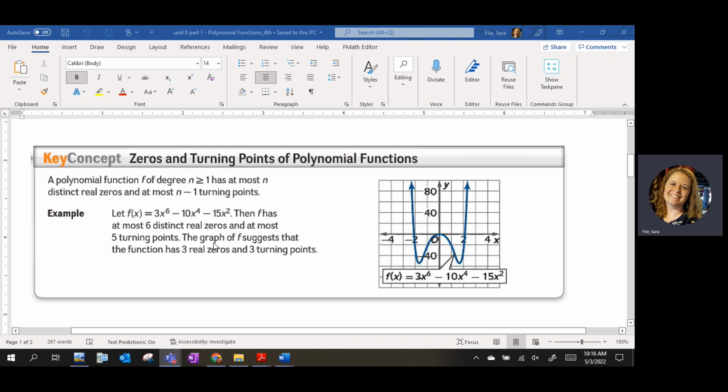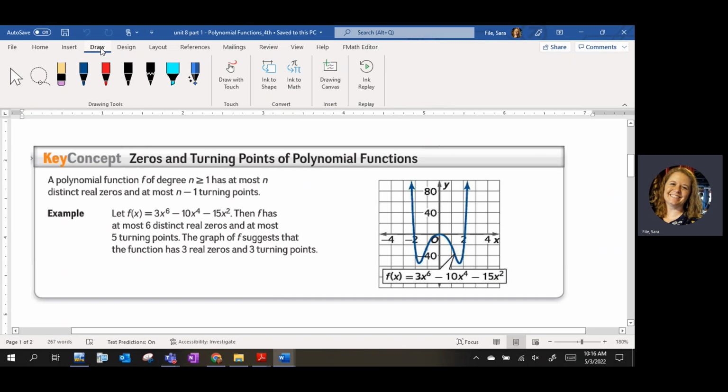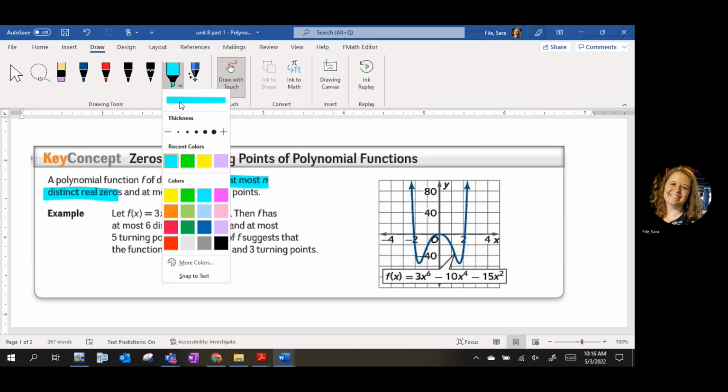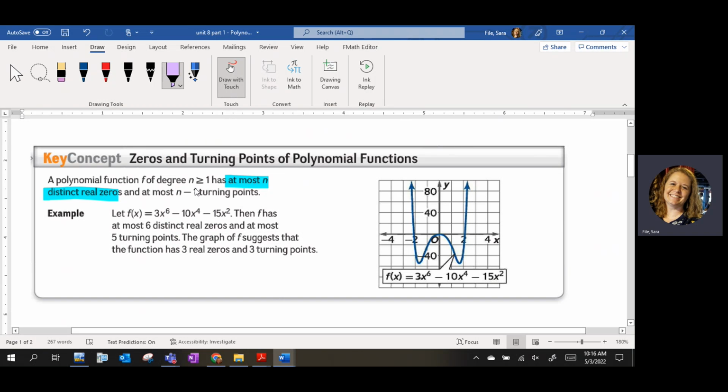Okay, there is a rule. If you know the degree of your function, the degree is the highest exponent. The degree of your function is the highest number of zeros you could have. You can have at most n distinct real zeros. And n minus 1, so 1 less than that, is the maximum number of turning points your polynomial can have.